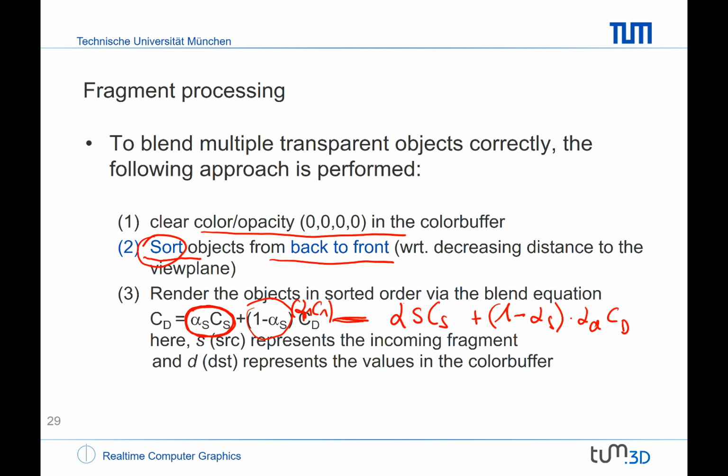And you see that is what we had in the previous equations. So if you iteratively apply this equation in the correct back to front order, then this is exactly equal to the blend equations which we have introduced before. And this blend equation is provided by the graphics processing unit in the so-called blending stage. You can choose that particular blend equation so that the objects are rendered with their correct opacities considered.